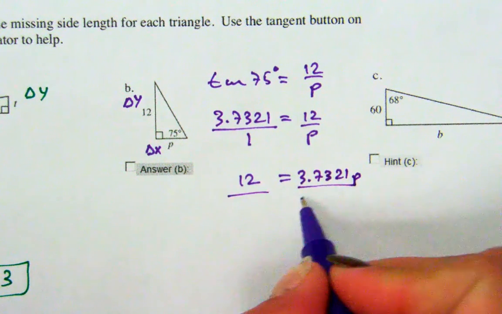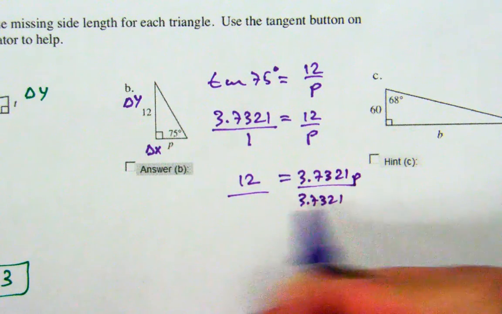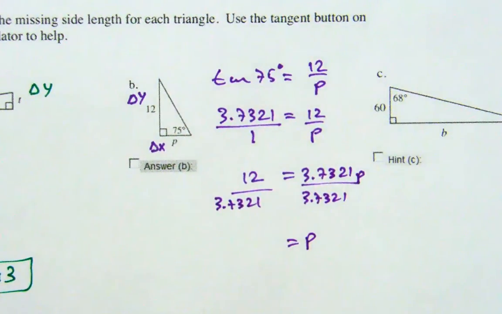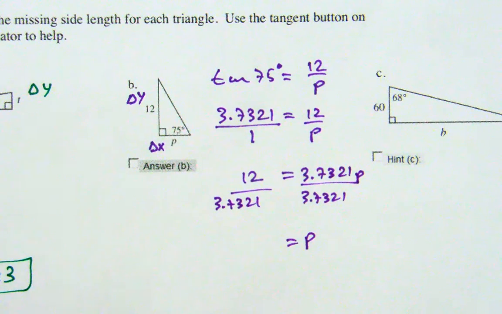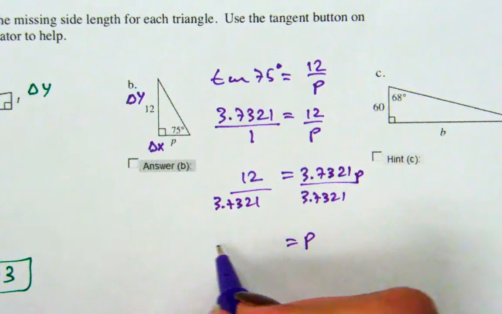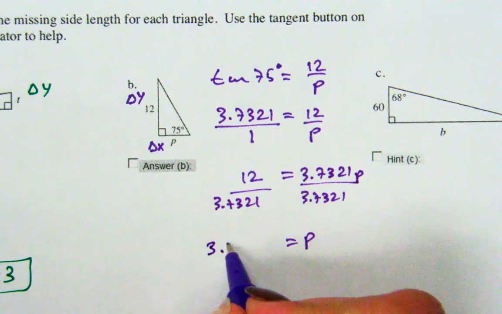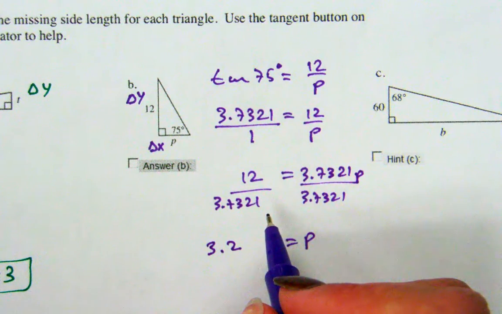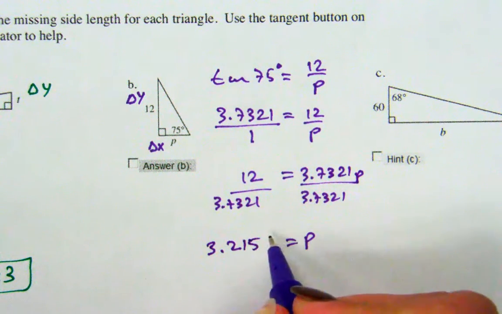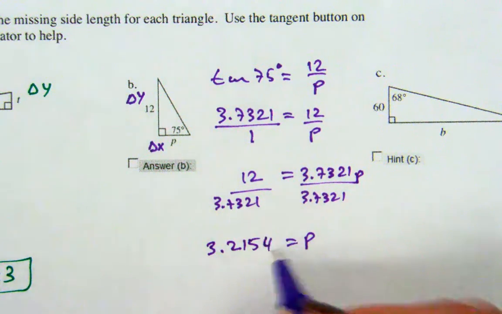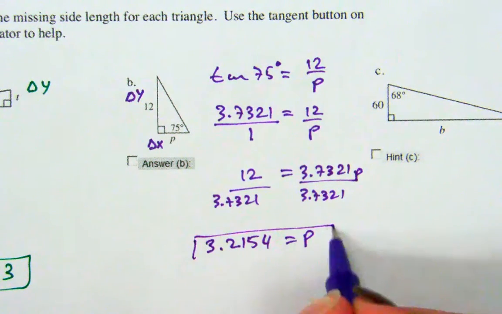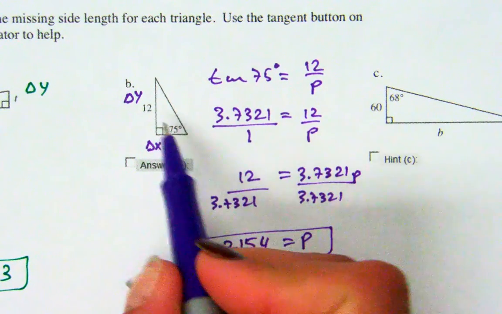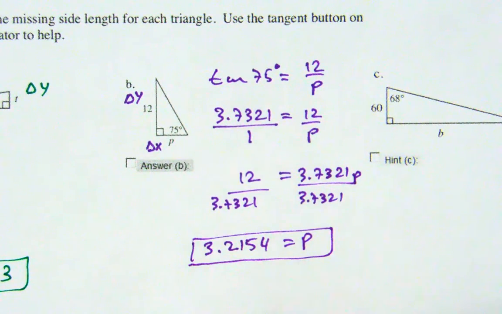And I'm going to divide both sides by 3.7321. 12 divided by 3.7321 is 3.2154, actually, because I'm rounding to 4 decimal places. Okay. All right. So that's the value of p. So the side length here is 3.2154.